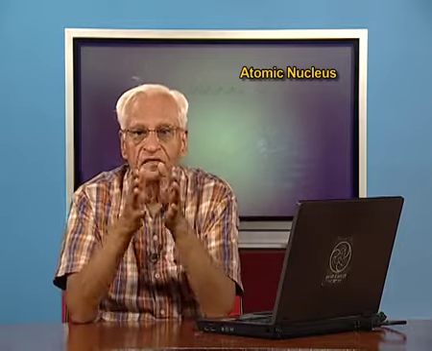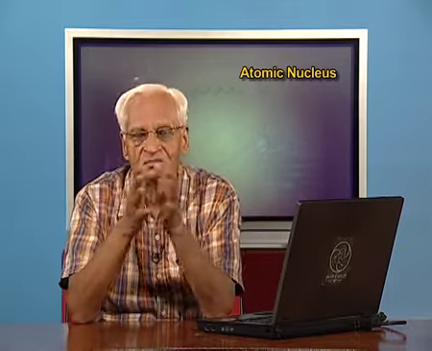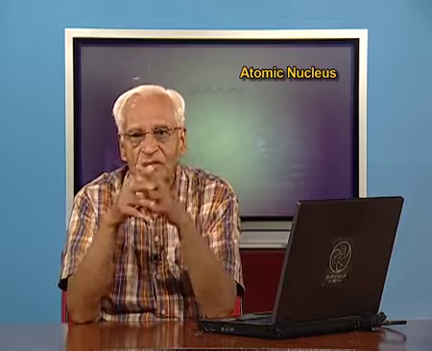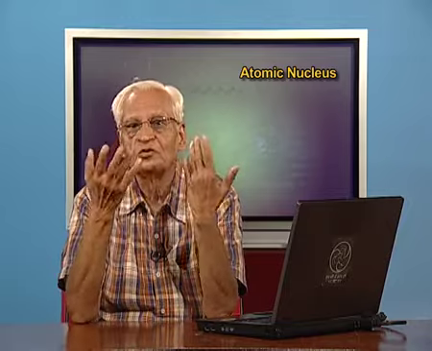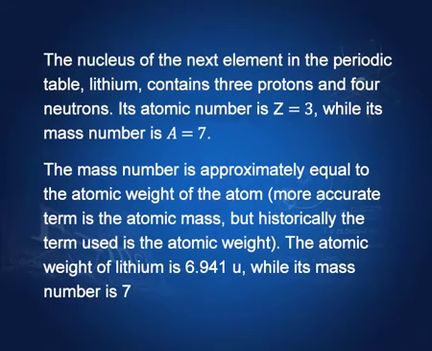So far we have progressed only to helium. Let us see what happens if we go further, say Z equal to 3. The nucleus of the next element in the periodic table, lithium, contains 3 protons and 4 neutrons. Its atomic number is 3 and its mass number is 7.